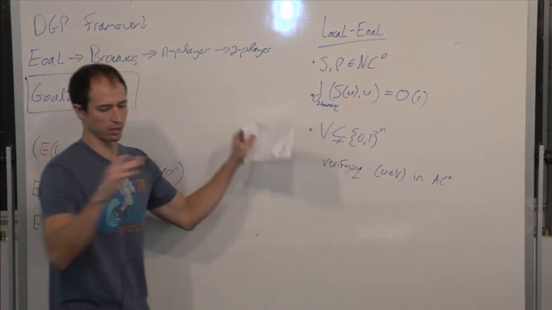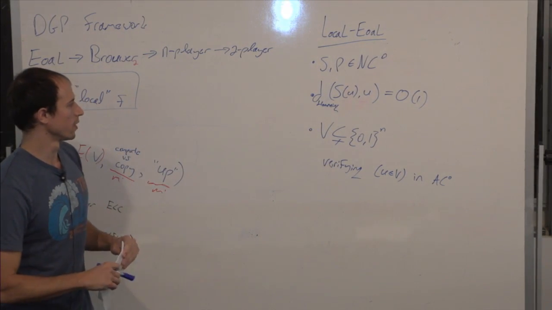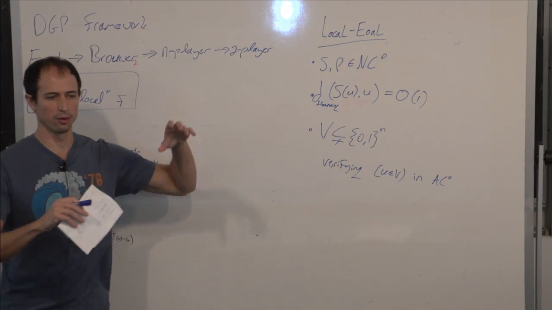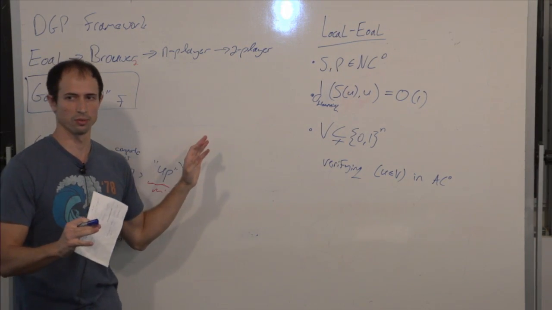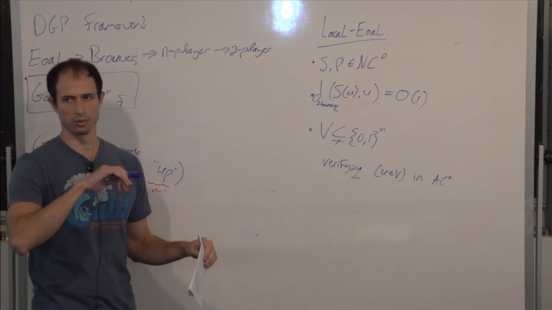So I just need one really large gate, but otherwise everything is still local. And this means that without loss of generality, you can use AC0 circuits for PPAD. Because if U is not in V, you can just have a self loop, which is allowed.